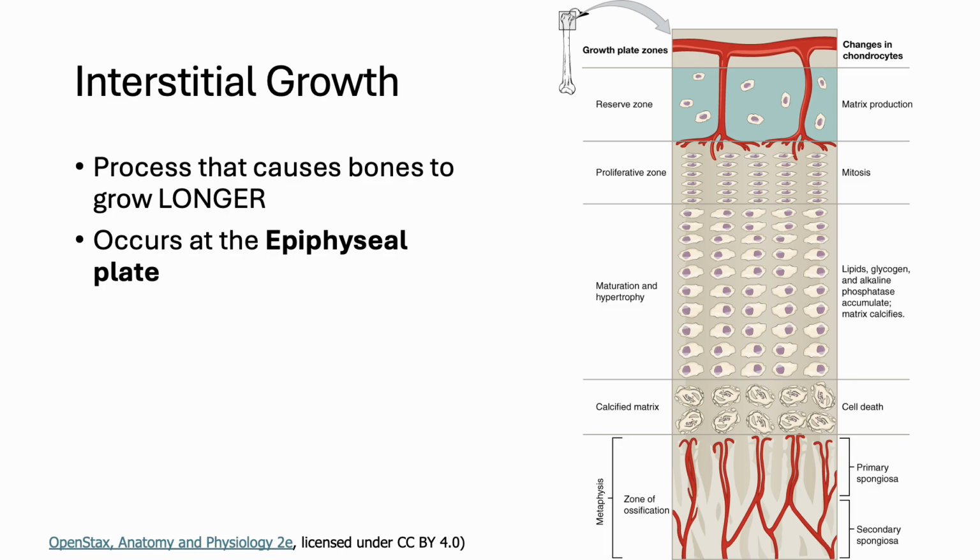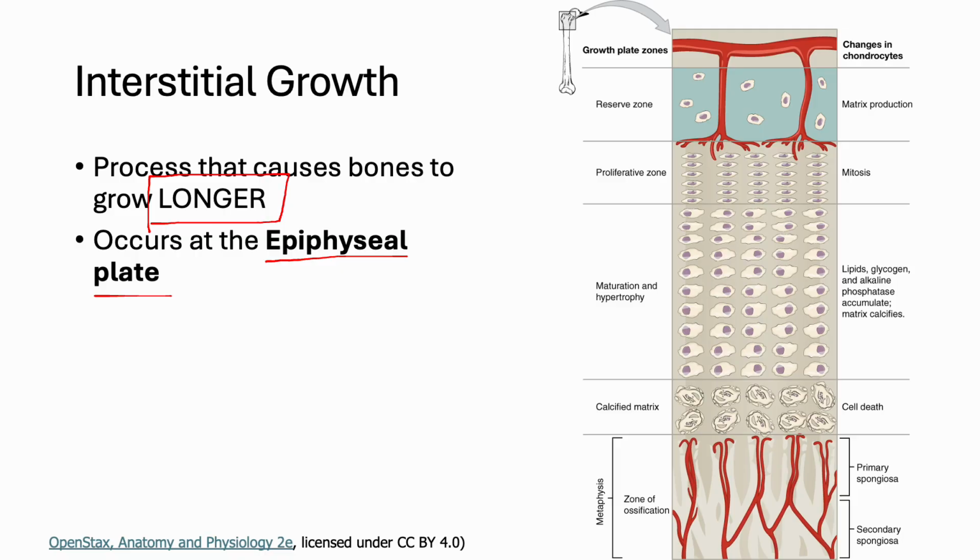Now, the first type of growth we're going to talk about is interstitial growth. So this is basically making the bones longer, okay? So when an infant is first born, obviously there's a lot of lengthening that has to happen to those bones as they grow. And we talked in a previous video that where the cartilage remains is called the epiphyseal plate.